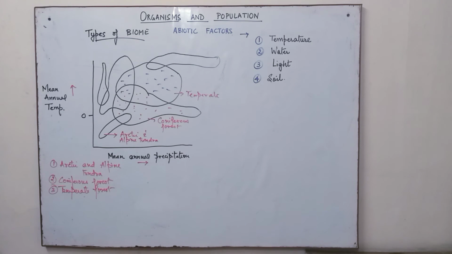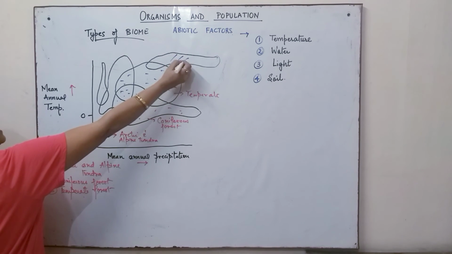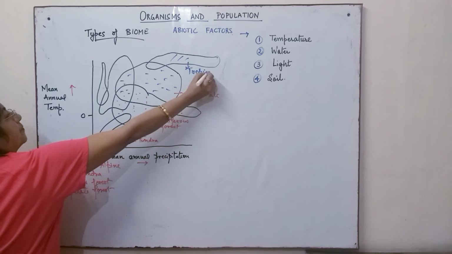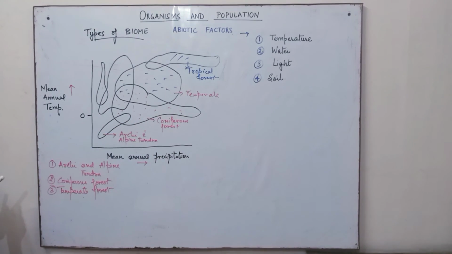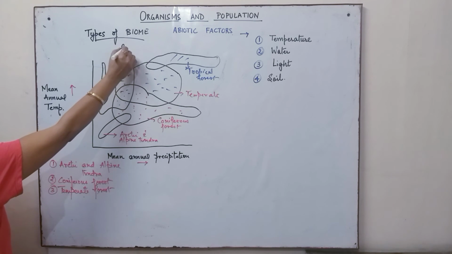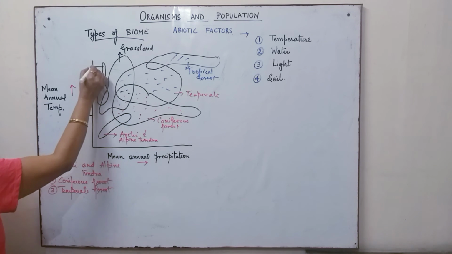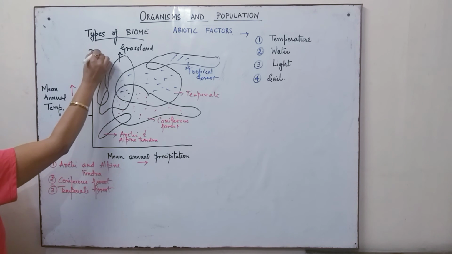Sorry, the tropical forest. So over here we have this as the tropical forest. The one which you see over here is the grassland, and the last one is the desert. So over here, this is the desert.